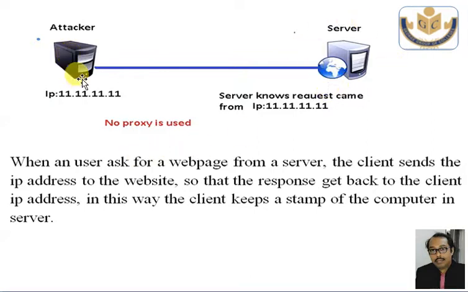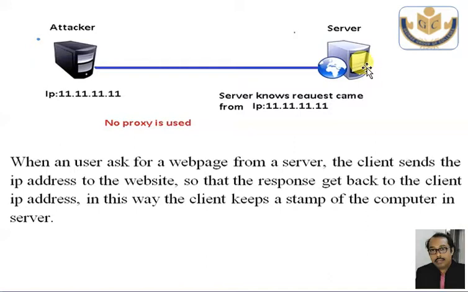Now when the attacker tries to connect to the server directly, the server gets a presence of that attacker. Why? Because the server maintains a log, and that log file records all connections to the server, so the server knows that a connection was generated from the IP address 11.11.11.11.